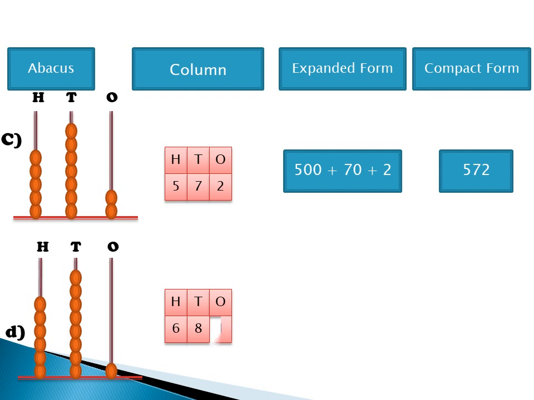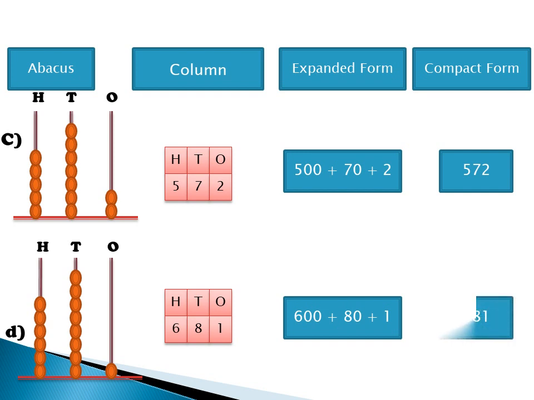Yes, 1. So 1 will come in ones place. Now let's write down this number in expanded form. 600 plus 80 plus 1. And the compact form is 681. Students, here I have completed C and D. If you have not completed it, complete it.